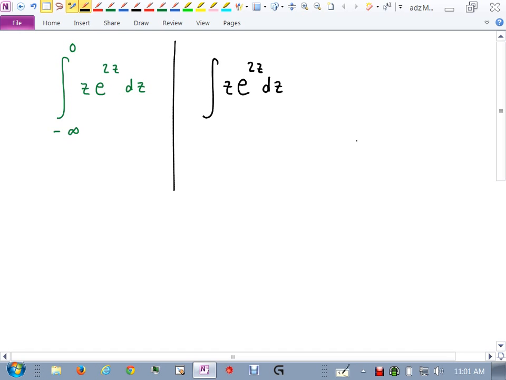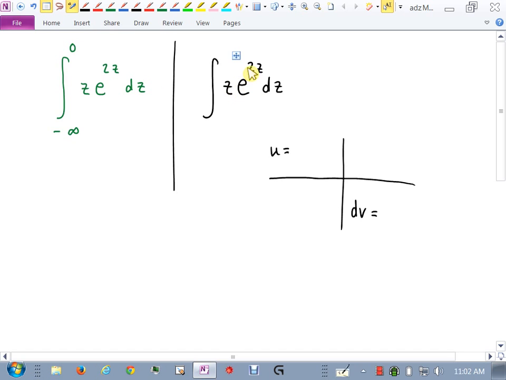Shall I do it? Okay. So if we do this, you have to choose a u and a dv. The reason it's integration by parts, again, is because there's not a basic substitution here. But if we pick z to be u, the derivative of that will just be 1.